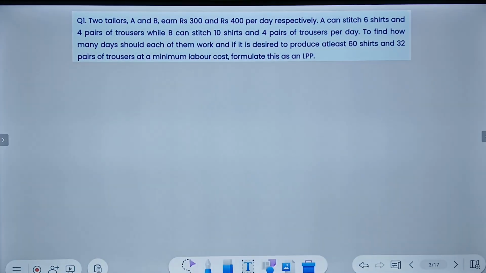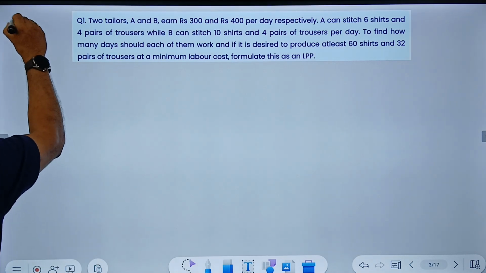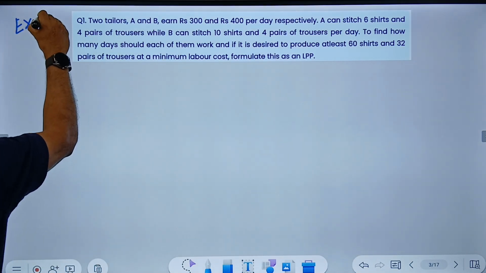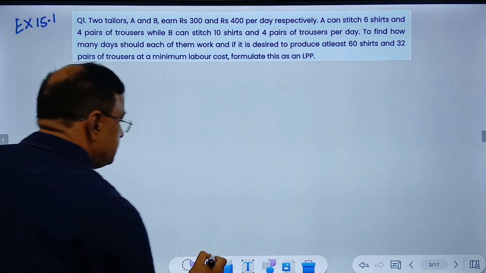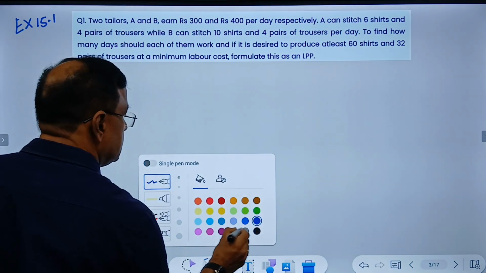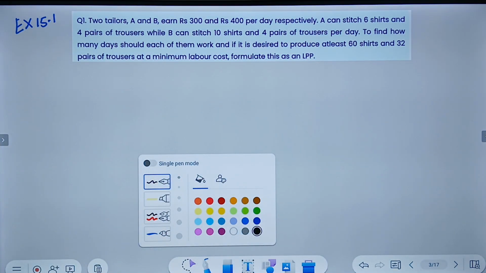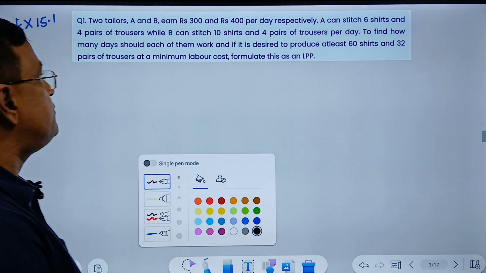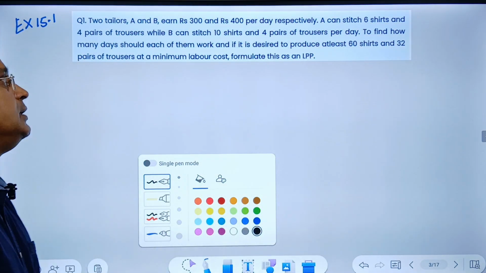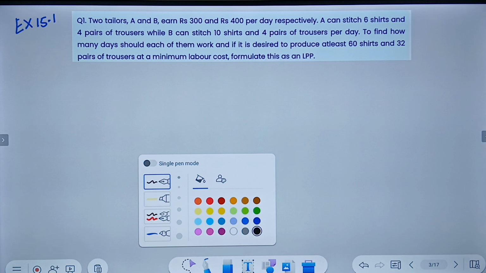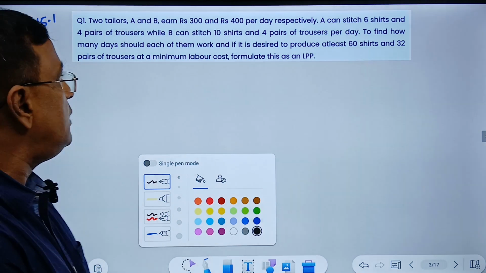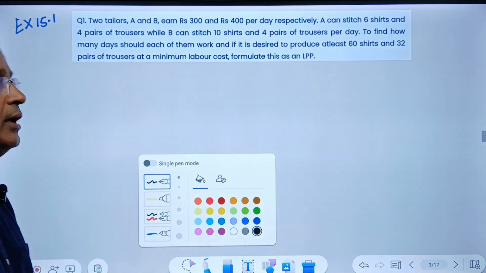Now the first question, this is exercise 15.1, first question. So what is the first question here? Tailors A and B earn rupees 300 and rupees 500 per day respectively. A can stitch 6 shirts and 4 pairs of trousers, while B can stitch 10 shirts and 4 pairs of trousers per day.